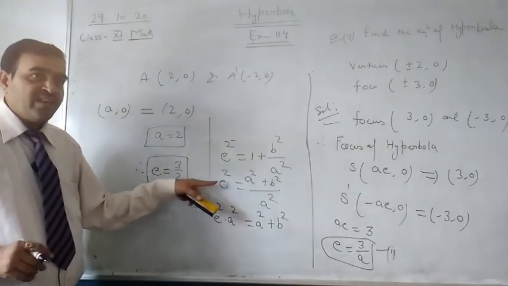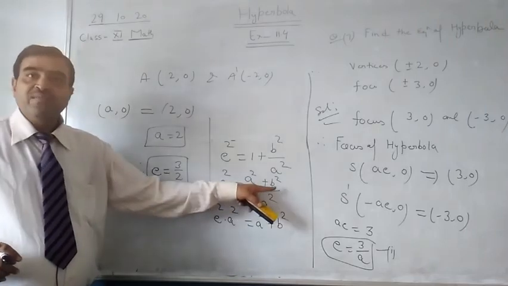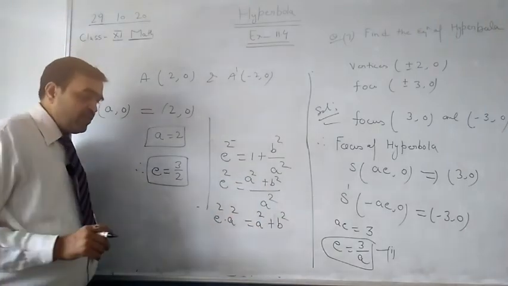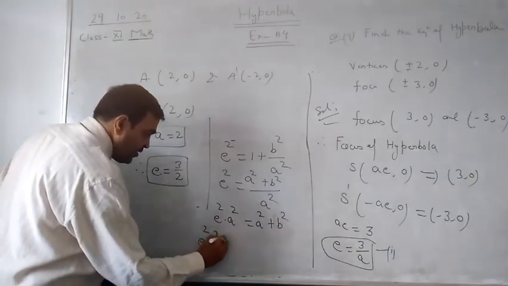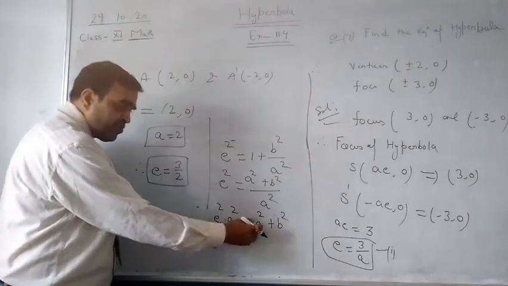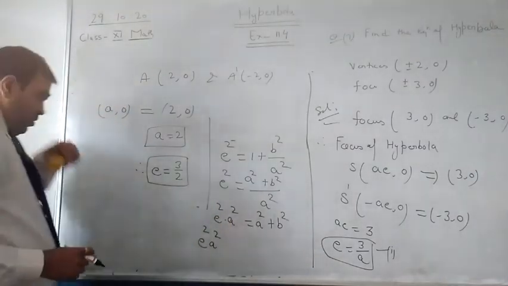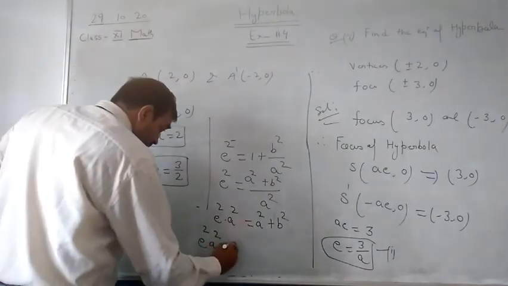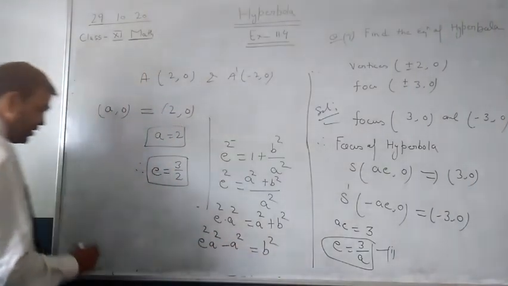Sending a square to the left hand side, e square a square minus a square is equal to b square.